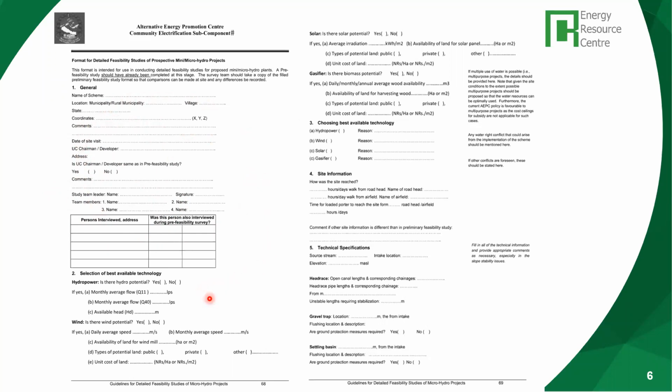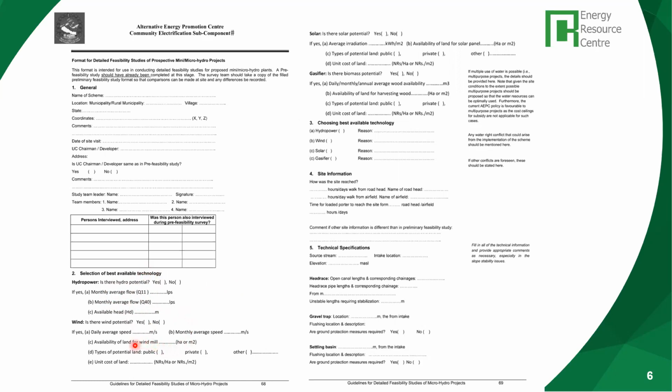Then comes, as I mentioned, what is the hydropower potential over here? What is the monthly flow? What is the flow that exceeds 11 months in a year? What is the average flow? So this type of information is collected so that you get an idea of the potential from hydropower.